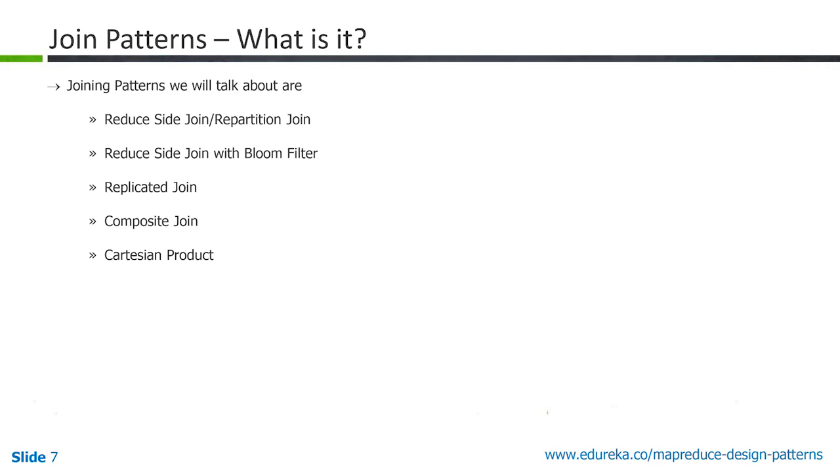But in replicated join, the first flexibility you lose is with your data. In reduce side join, you could have multiple large data sets and then join them together. But in replicated join, it's only possible to have one large data set, and the rest of your data sets will have to be small.